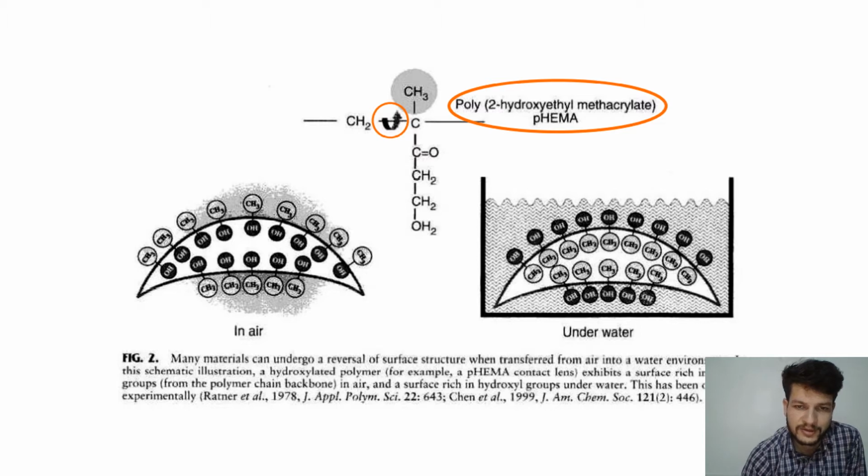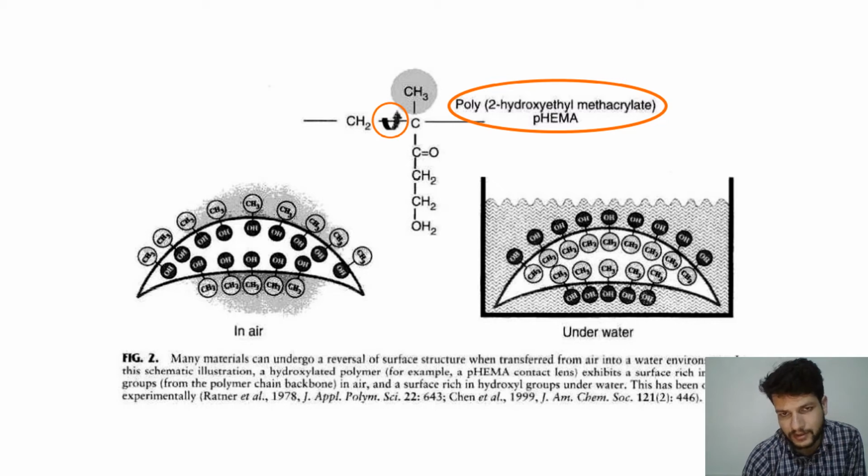When this polymer is immersed in water, the hydrophilic groups orient outwards, and the hydrophobic methyl groups orient inwards. So there is an interaction with water because of these hydrophilic hydroxy groups. And this change in orientation is also reversible.